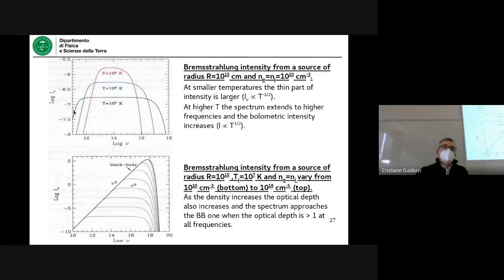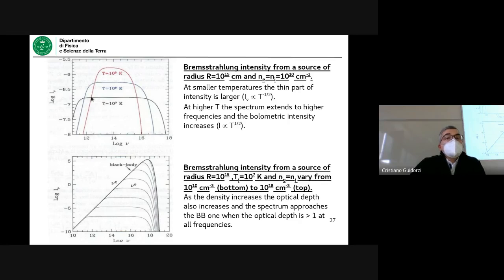Consider one given spectrum and you move along frequency: what changes is the absorption coefficient. For a given size, when you change the absorption coefficient, it changes regime. You could move from optically thin to optically thick. And there's also something else. Compare the frequency at which you have this change from optically thin to optically thick. Let's consider this frequency here, 10^13 hertz. When the temperature is 10^7 Kelvin, here you are in the optically thin regime.